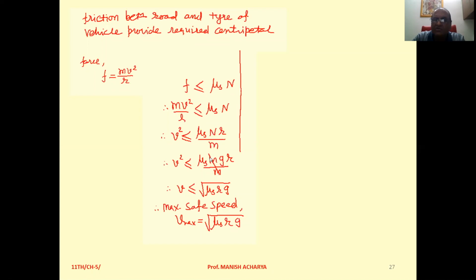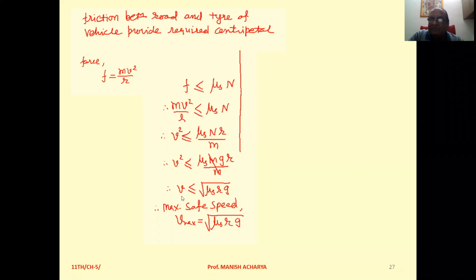Now N equals mg. So v squared is less than or equal to mu s mg r upon m. m cancels. So we can write v is less than or equal to under root mu s r g.